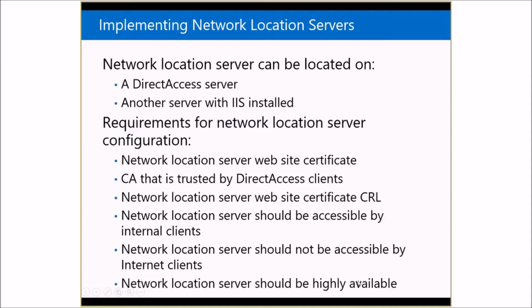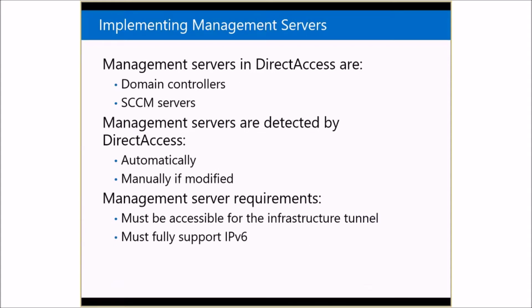It should not be accessible by internet clients or external clients, and it should be highly available, meaning it has many redundancies, whether that be physical redundant components, redundant servers, or logical, which is where you configure clustering or load balancing.